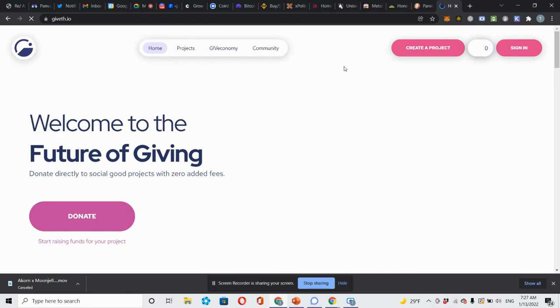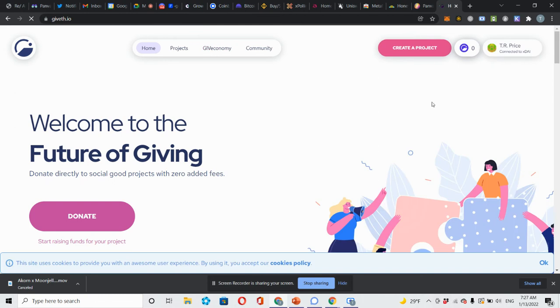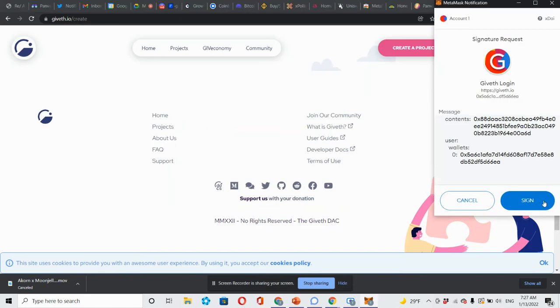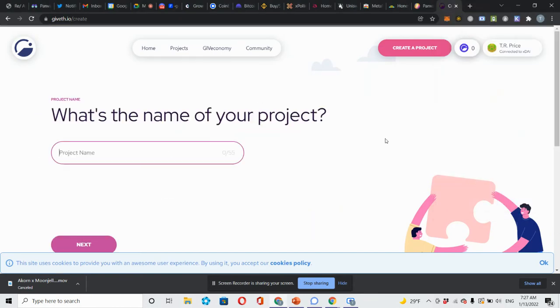Another thing that PAN is part of is Giveth. And I don't know if your organization is part of this yet, but this is another way in which to start raising funds for your project in the decentralized world. And you can easily create a project, and this is like the steps needed to do that.